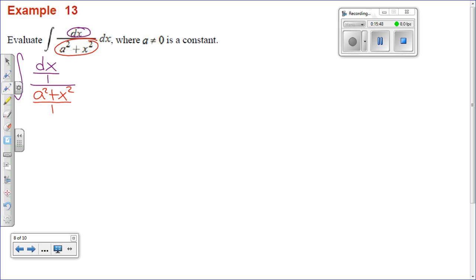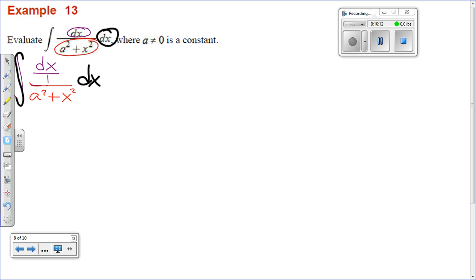Actually, we don't really need to put this over 1 here. And then, of course, we have this other part that comes here, dx, because we're integrating with respect to x.